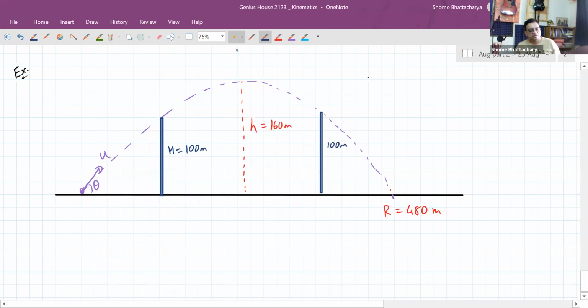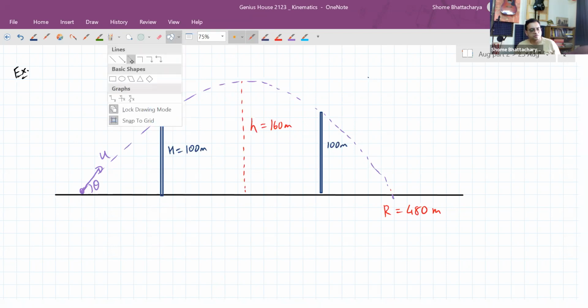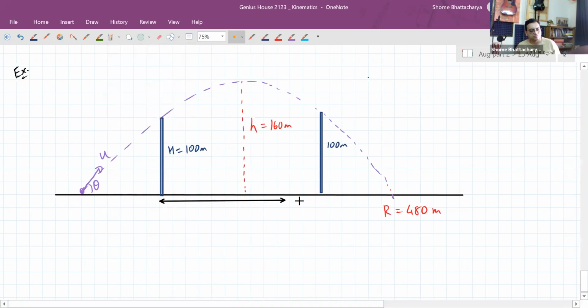And the gap between them is some small d. And the point from which we are projecting is some capital D.